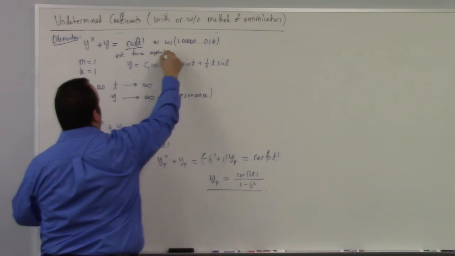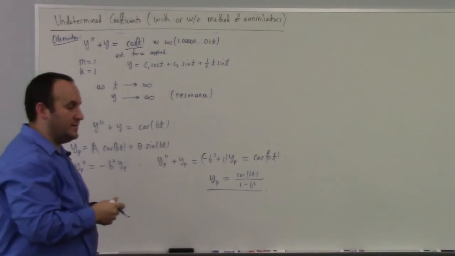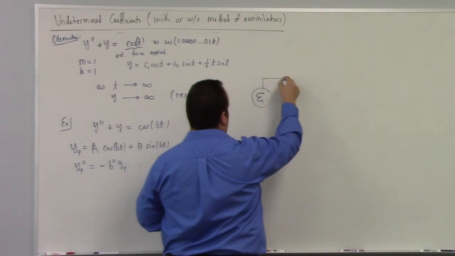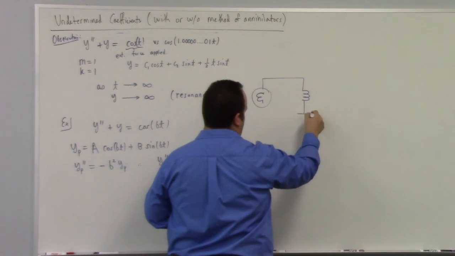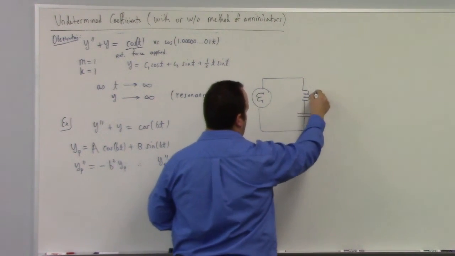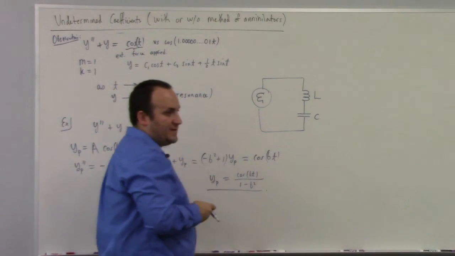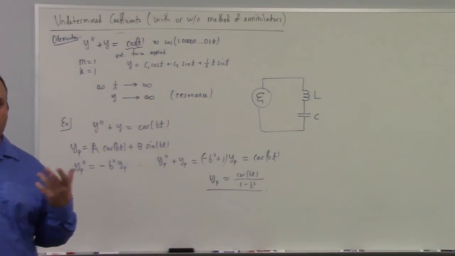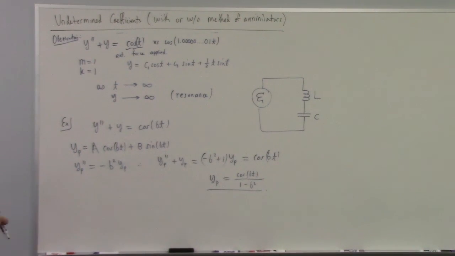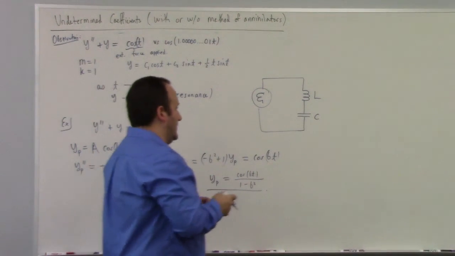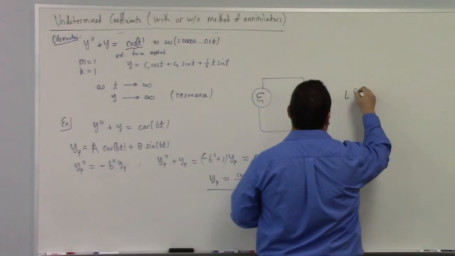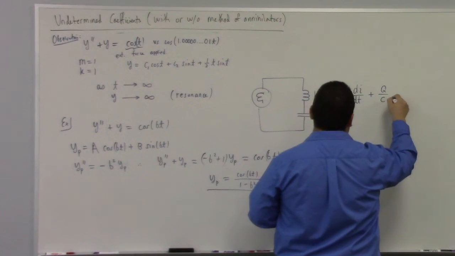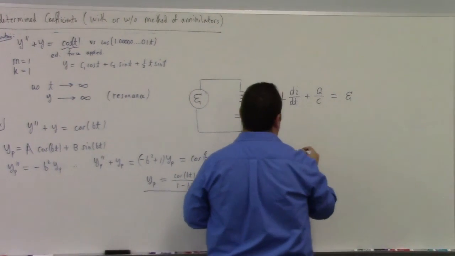Or the same is true if you have a voltage source and an LC tank. This also gives you the same sort of differential equation. There's no q prime term. There's just, how's it go? L di/dt plus q over c equals E, Kirchhoff's law.